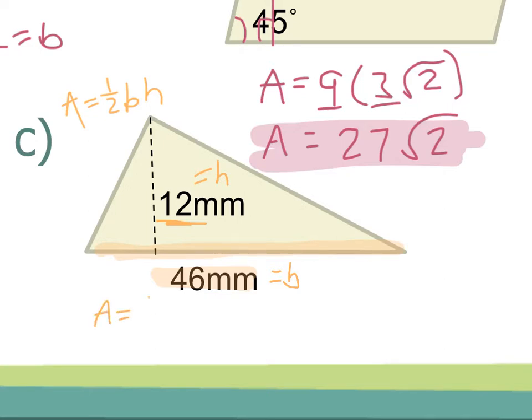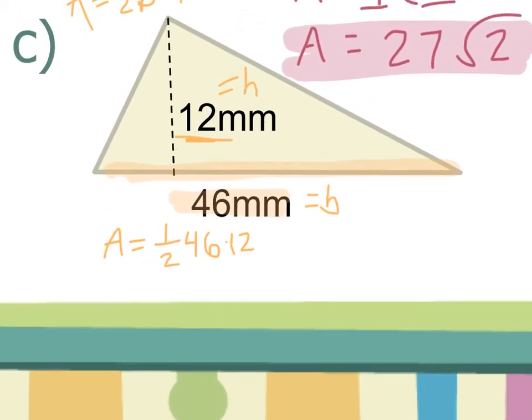So we have 1/2 times 46 times 12. We can just multiply these two together first. So 1/2 times 46 would be 23, times 12, which is 276. So our area of the triangle is going to be 276 millimeters.